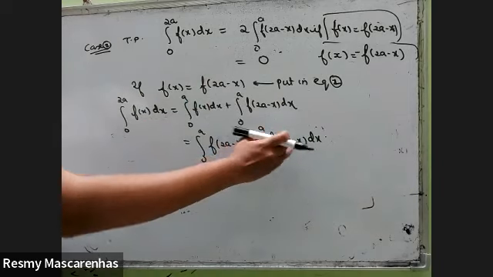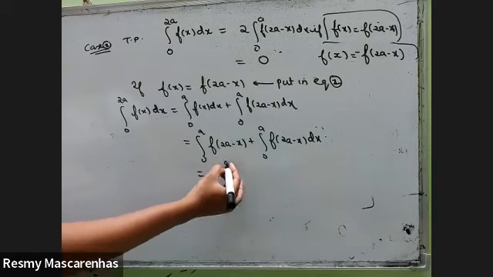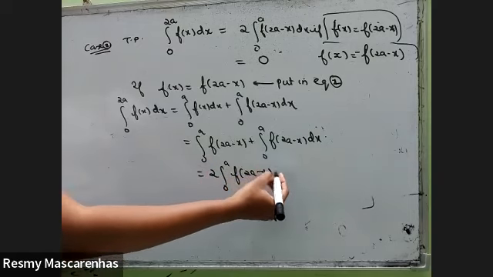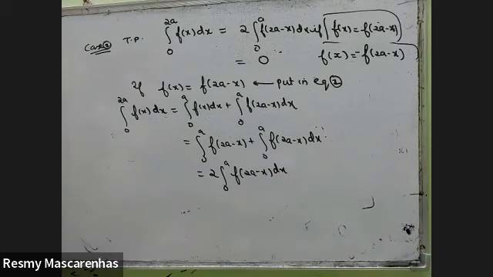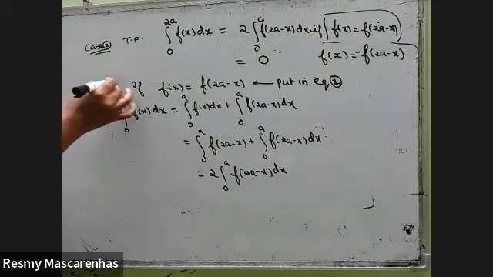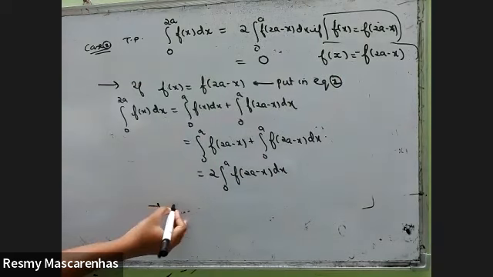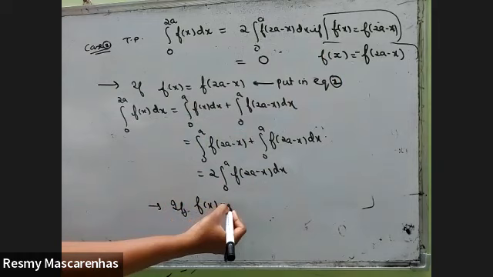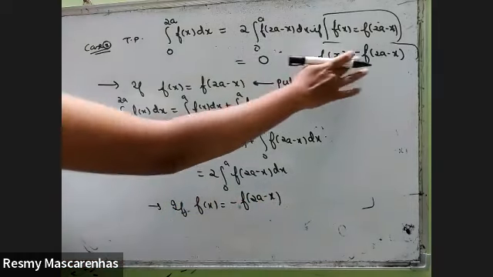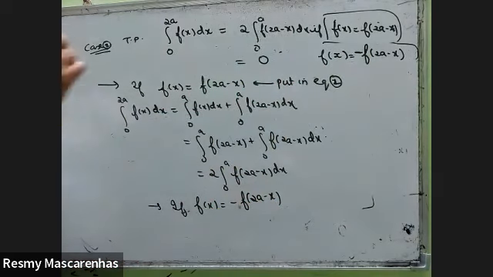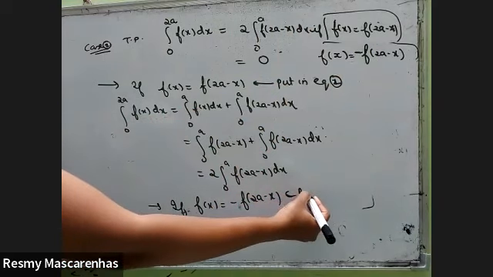So it's the same thing. So it will be 2 times. This condition is asked. f of x is equal to minus of this. So in this equation, put minus. Put this condition in equation 2.